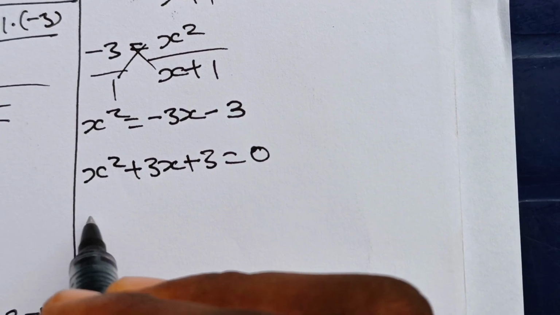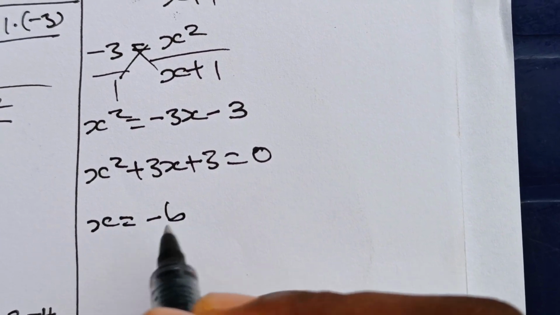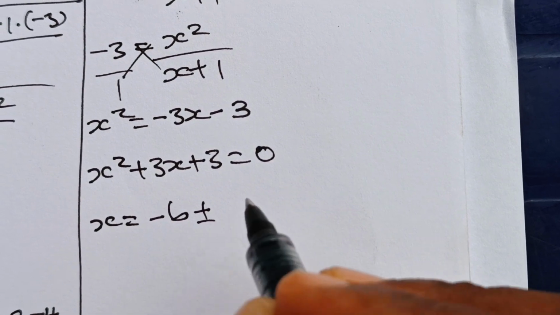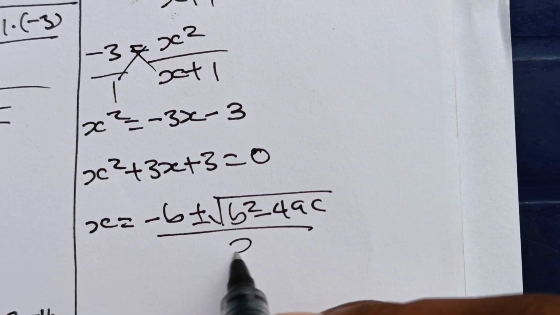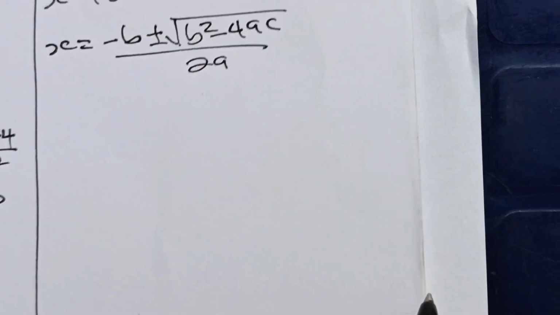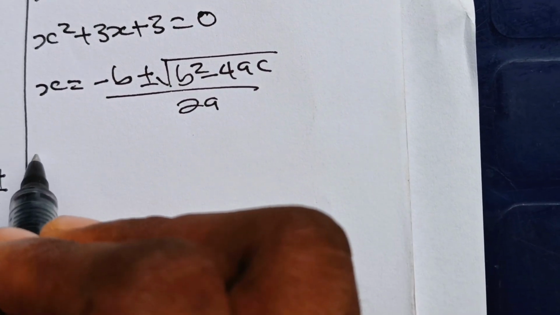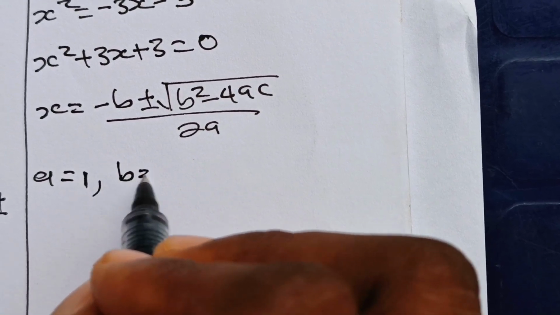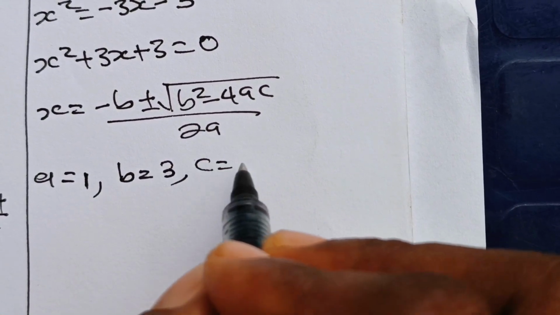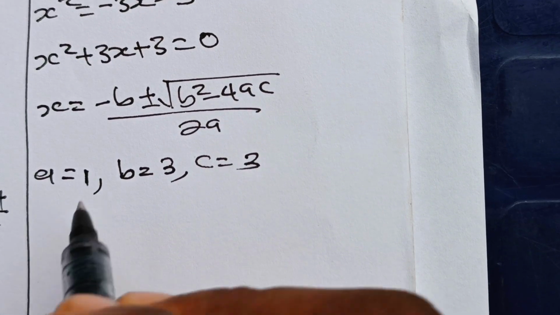Now we are going to use our quadratic equation formula, which says that x is equal to minus b plus or minus square root of b squared minus 4ac, everything divided by 2a. All right. Now in this case, our a is equal to 1, our b is 3, the coefficient of x, and our c is also 3. Now let's solve.